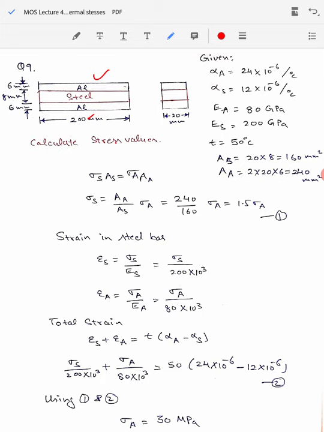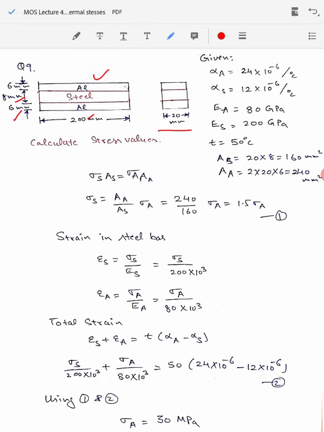The length of this arrangement is 200 millimeter. Their thicknesses are given here. The thickness of the steel bar is 8 millimeter, while the aluminum strips on both sides of the steel bar are 6 millimeters thick. The width of these bars is given as 20 millimeters.